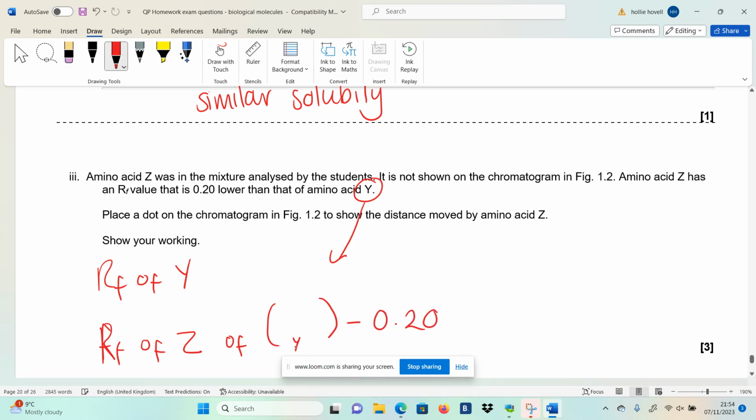It said it was 0.2 less. Okay, and then you needed to place a dot on the chromatogram to show the distance moved. So step one, what's the RF of Y?